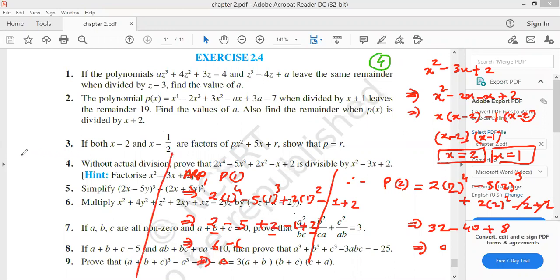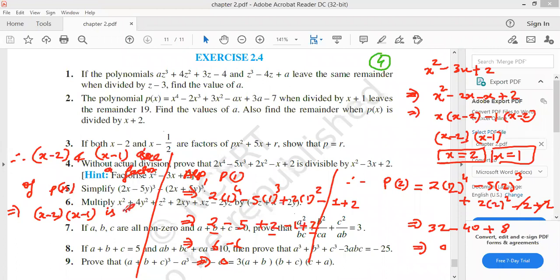So therefore x minus 2 and x minus 1 is a factor of p of x. इनका मल्टीप्लिकेशन भी फैक्टर होगा. Therefore x minus 2 multiplied by x minus 1 is the factor of p of x.